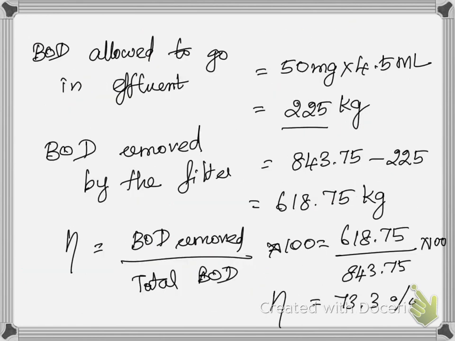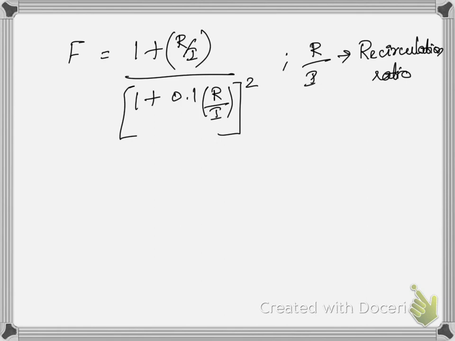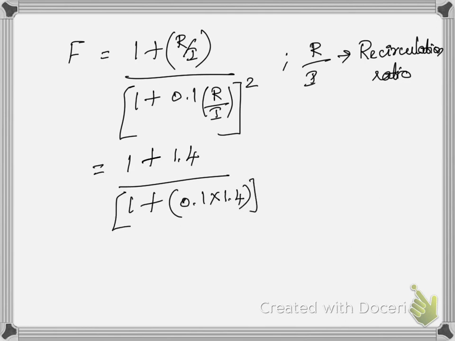For that we have one more formula: F is equal to 1 plus R by I, divided by 1 plus 0.1 of R by I, the whole square, where R by I is your recirculation ratio. You can apply here: the recirculation ratio is given as 1.4, so 1 plus 1.4 divided by 1 plus 0.1 into 1.4 the whole square. I will be getting my F value as 1.85.